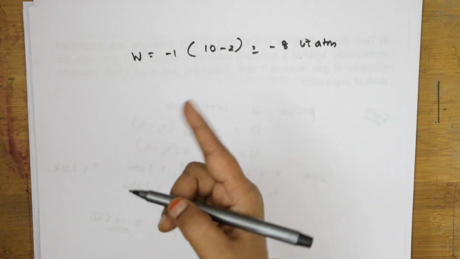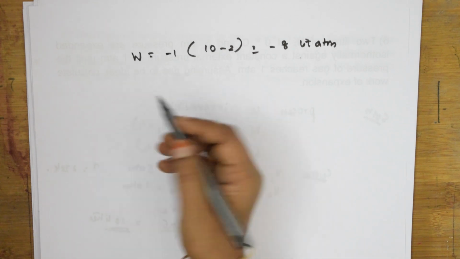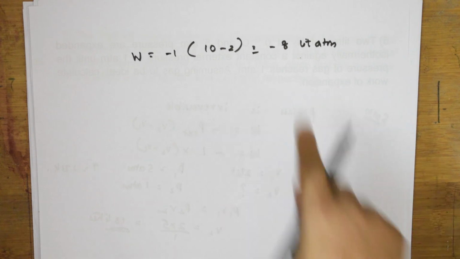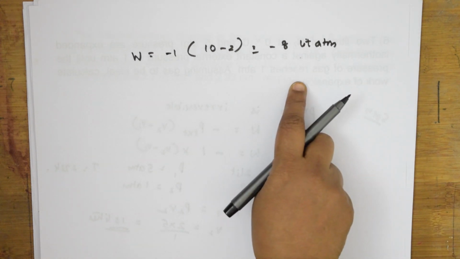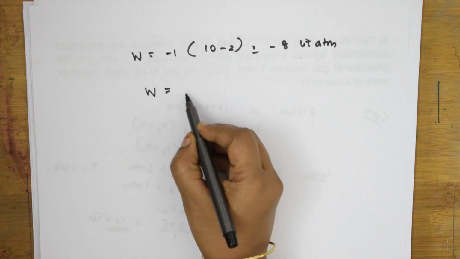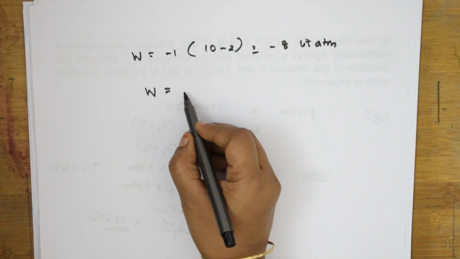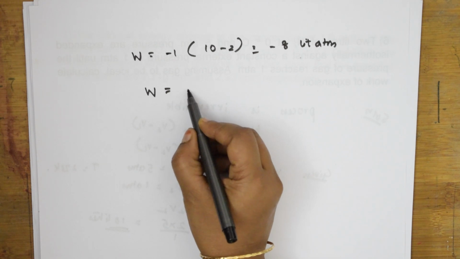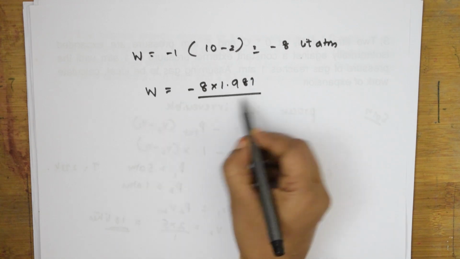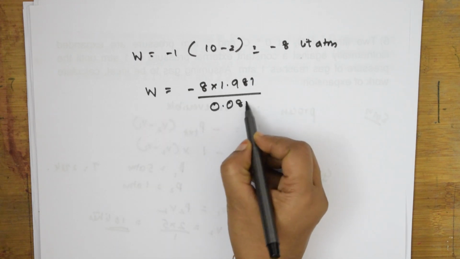Now I can convert the same liter atmosphere into calories or into joules. If you want the answer in calories, you multiply minus 8 into 1.987 divided by 0.0821.